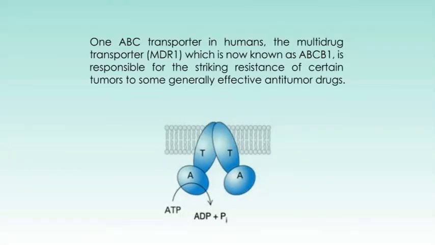One ABC transporter in humans, the multidrug transporter MDR1, which is now known as ABCB1, is responsible for the striking resistance of certain tumors to some generally effective anti-tumor drugs.